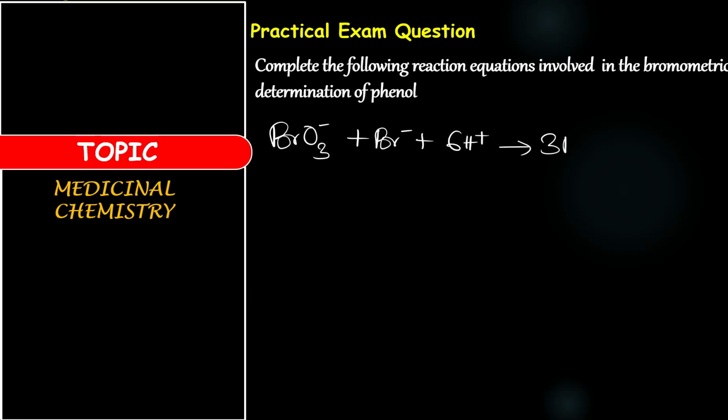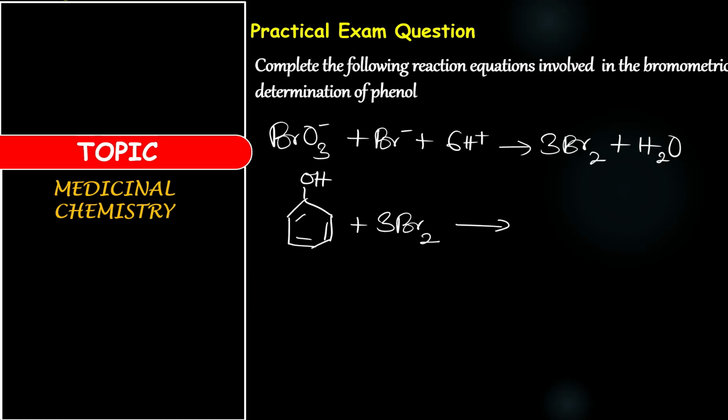So this one will give us 3Br2 plus 3H2O. Alright, now you have this phenol here. It's for the assay of phenol. Then OH. Then 3Br2.